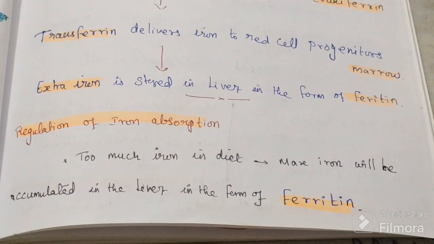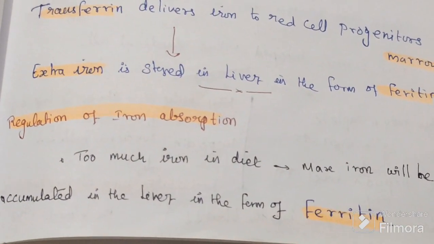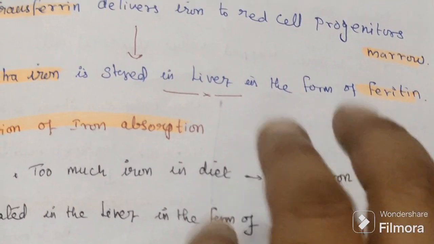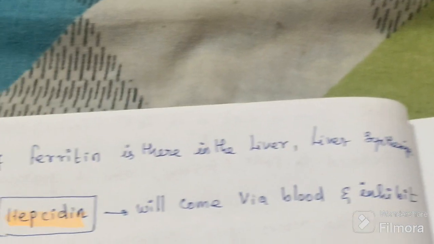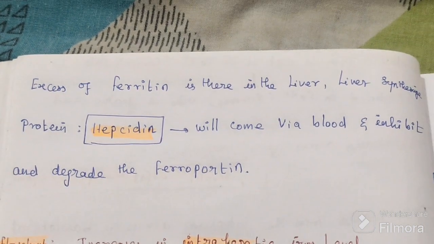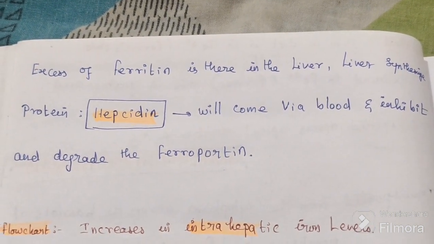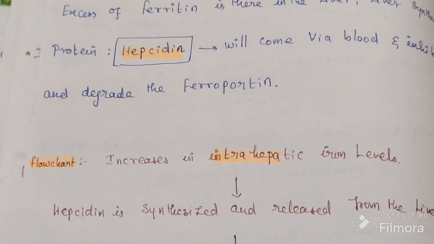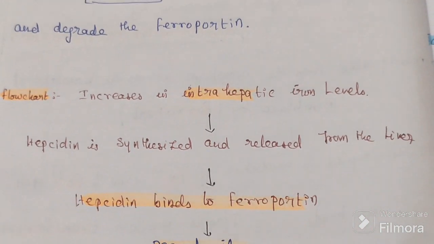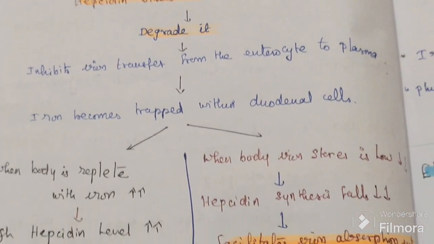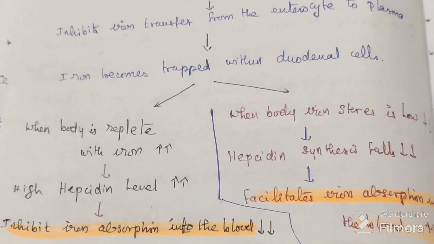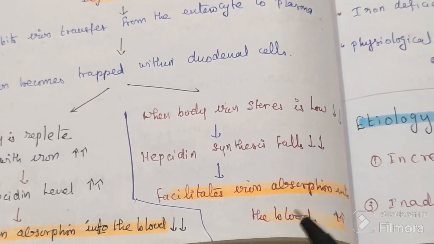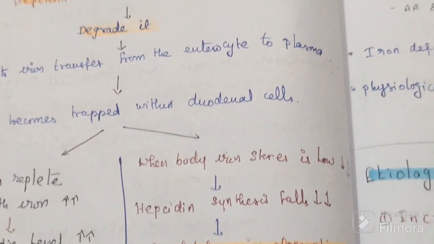It accumulates in the storage form in the liver, called ferritin. After that, the liver synthesizes a protein called hepcidin. It comes via blood and inhibits ferroportin, that transporter. So increased levels mean decreased absorption, decreased levels mean increased absorption.